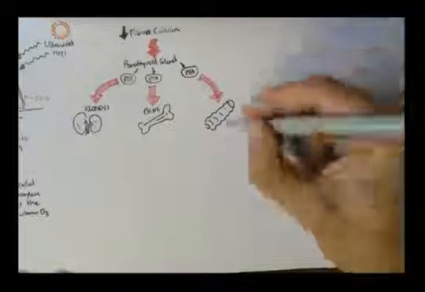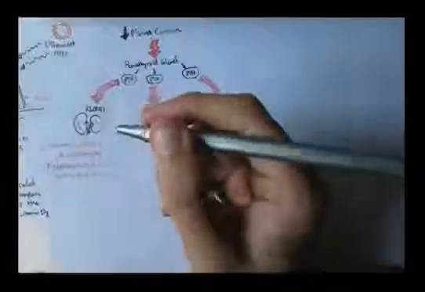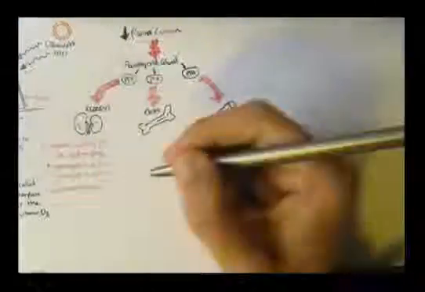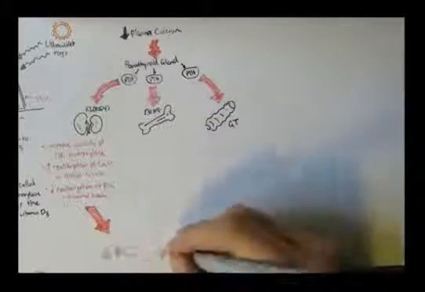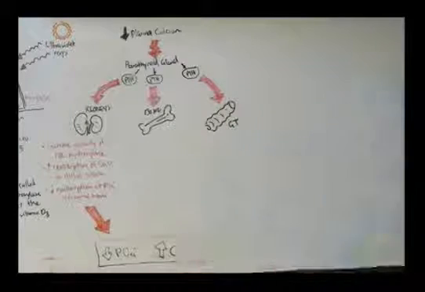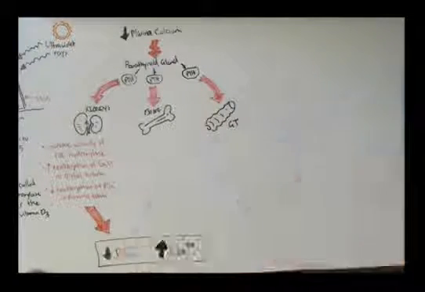The parathyroid hormone in the kidneys will cause it to increase the activity of 1-alpha hydroxylase. It will cause it to increase reabsorption of calcium in the distal tubule, but decrease reabsorption of phosphate in the proximal tubule, which will essentially lead to a decrease in phosphate concentrations but an increase in calcium concentrations.